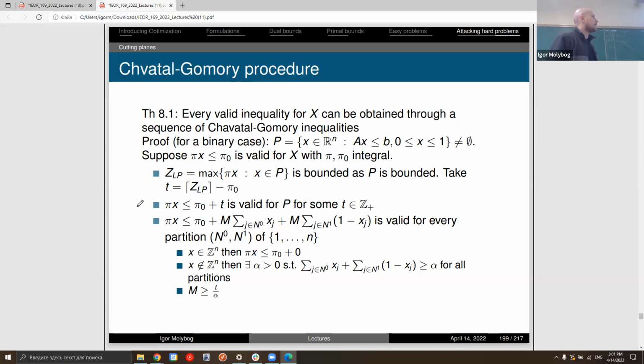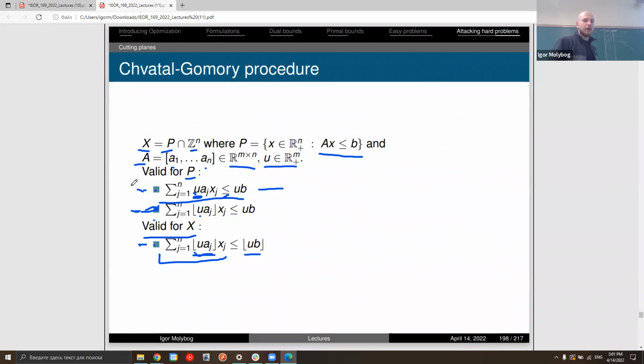Basically, any valid inequality can be obtained by applying these three rules to the set of inequalities that you already have, which is kind of a nice thing.